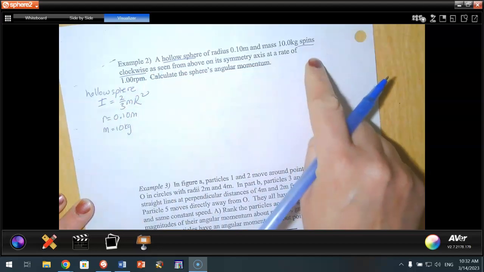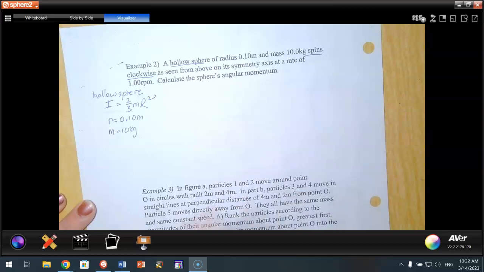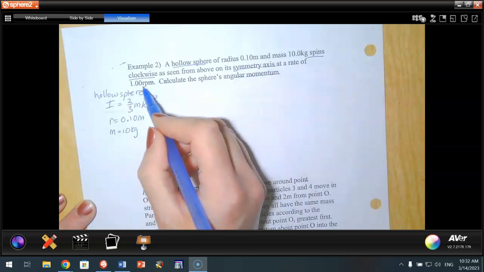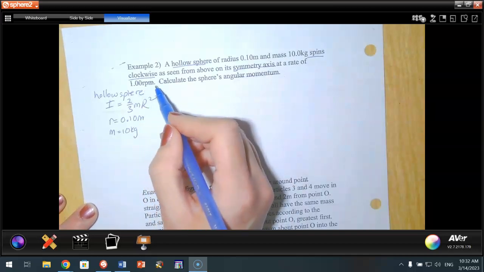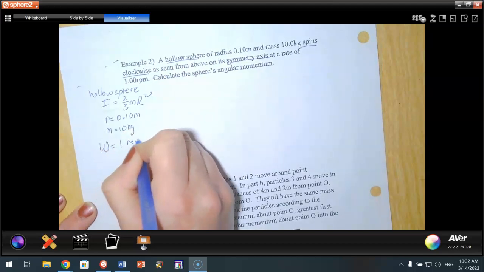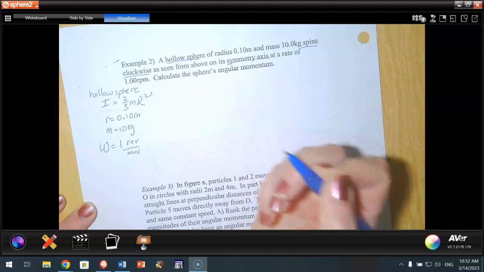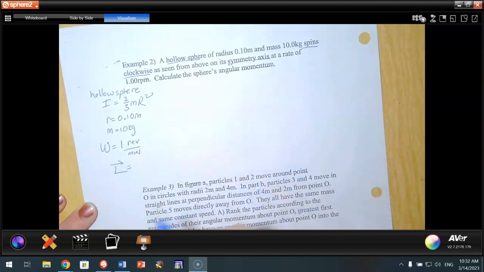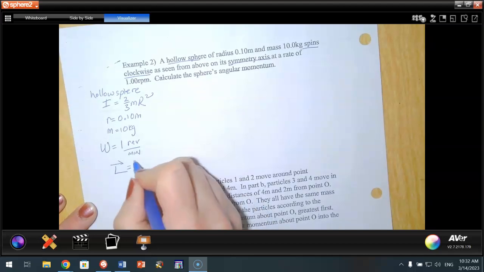Now, we'll deal with that clockwise thing later. As seen from above on a symmetry axis at a rate of 1 RPM, which means revolutions per minute. So that's your omega. And what I want is the sphere's angular momentum. So if I were to accidentally stick my hand in there, how much would it hurt? I guess you could think of it that way.